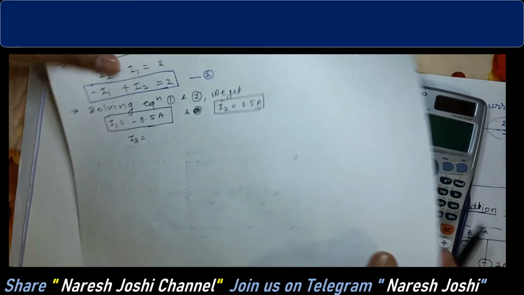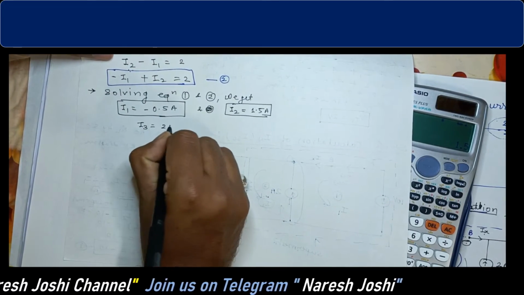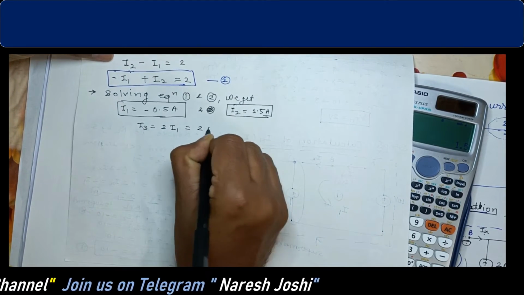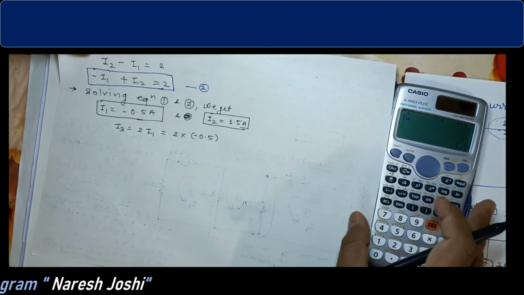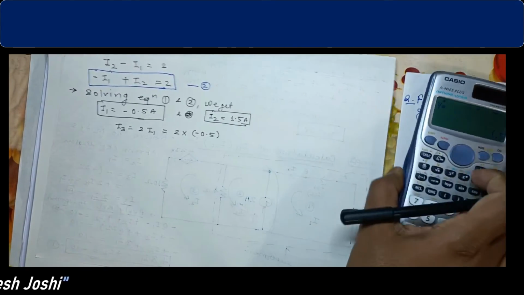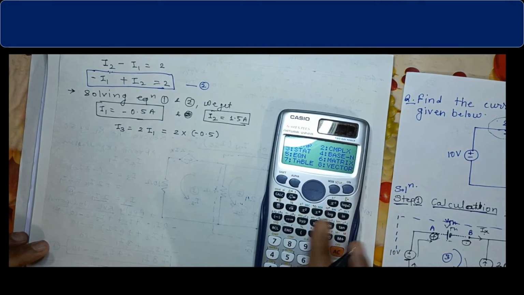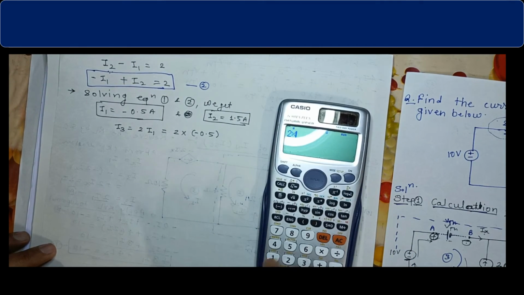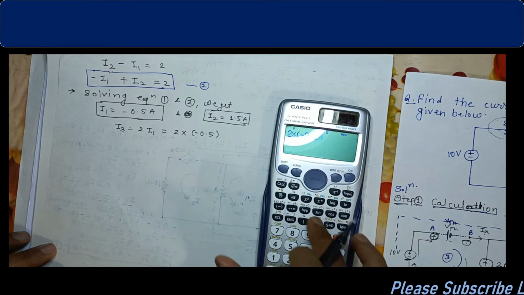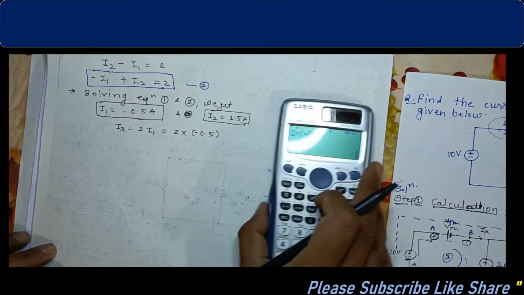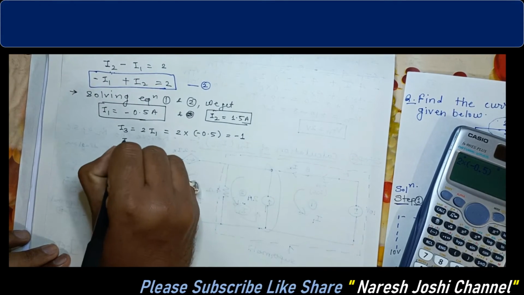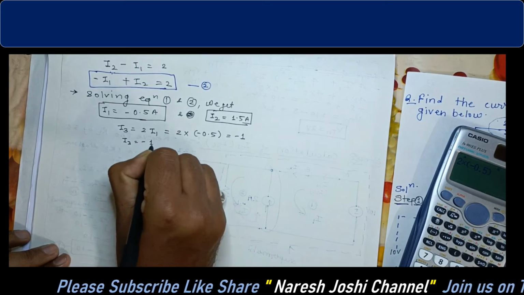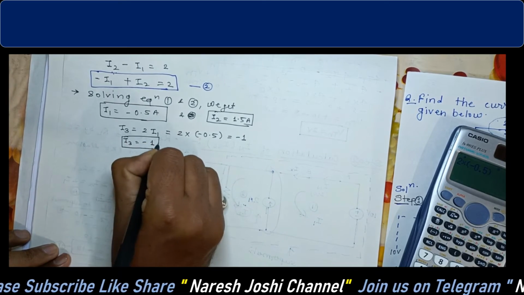So I3 equals 2 into I1, and I1 is minus 0.5. Clear? 2 into minus 0.5 is minus 1. So here I3 equals minus 1.